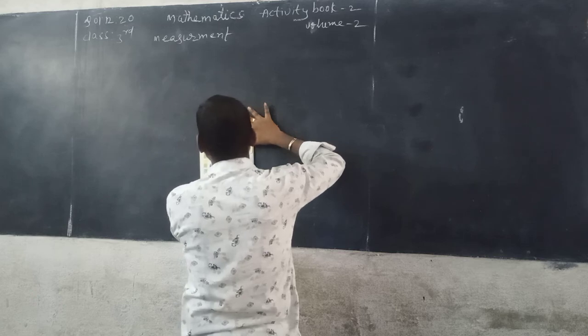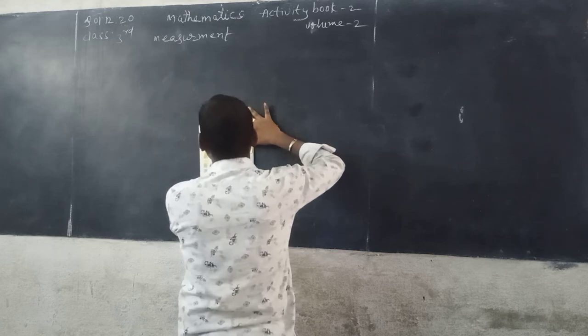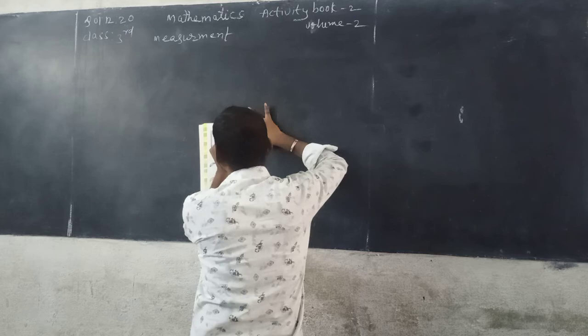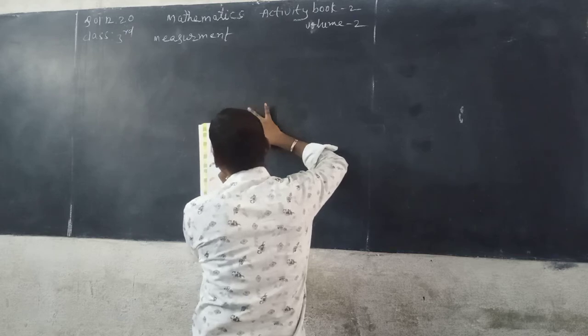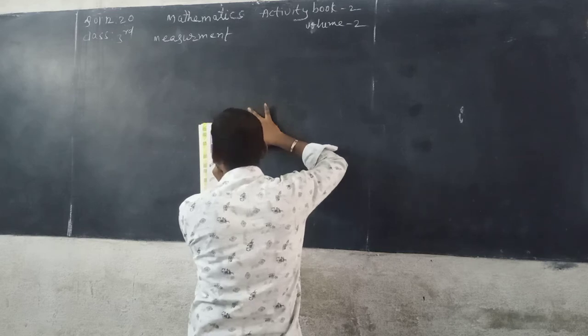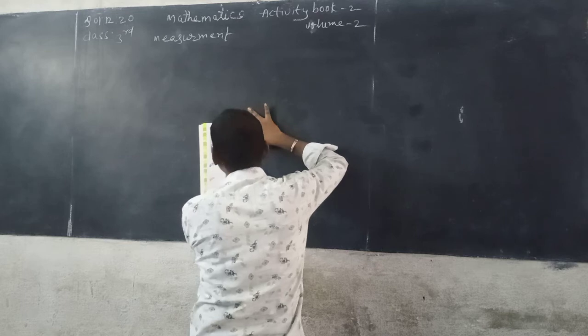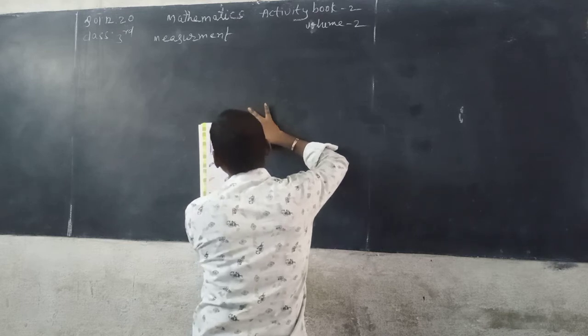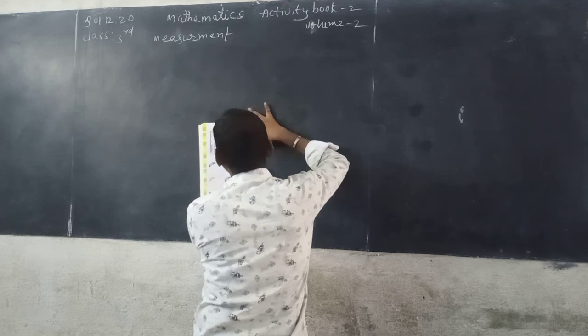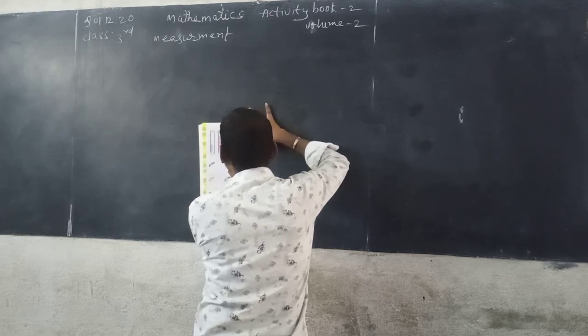Next one is nearly 500 milliliters, that means 450 milliliters. Next this is 250 milliliters. Next this is 150 milliliters.